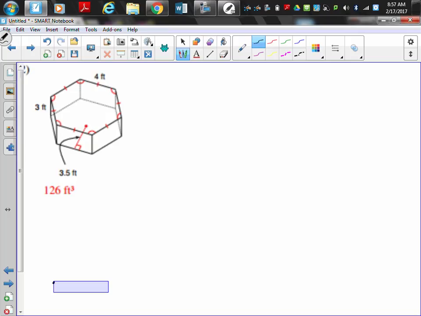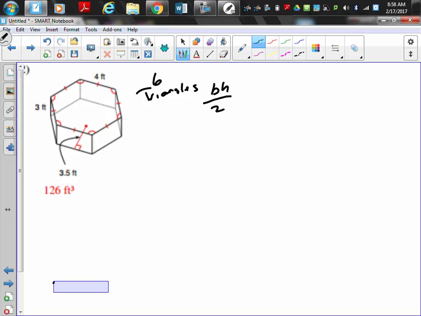So I have to break it into what? Triangles. So what do I know about triangles? Base times height over 2. How many triangles will I make? Count again. 6. However many sides is how many triangles you're going to make. So I have 6 triangles.